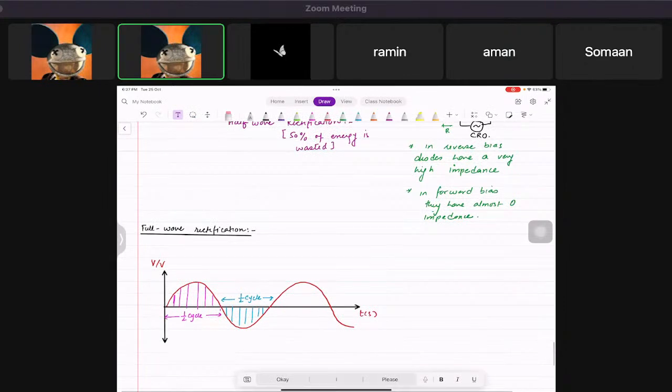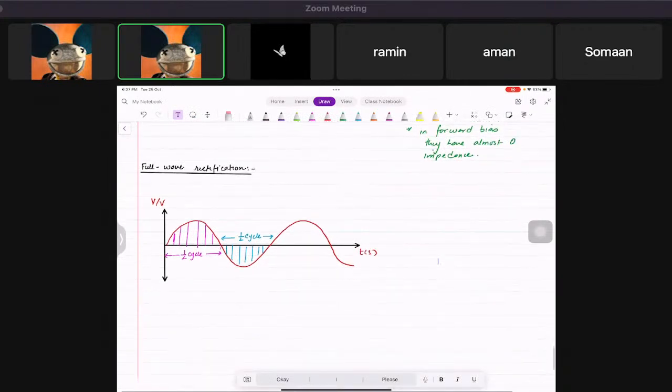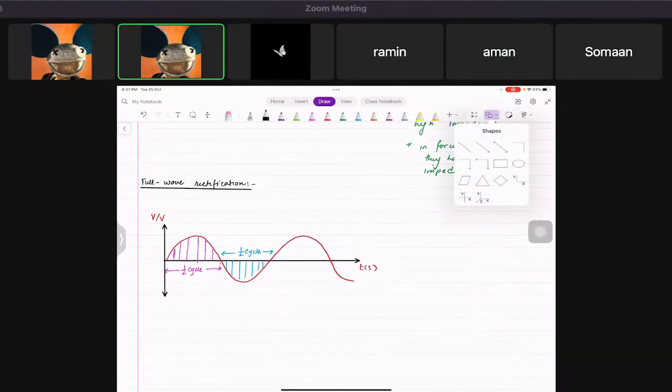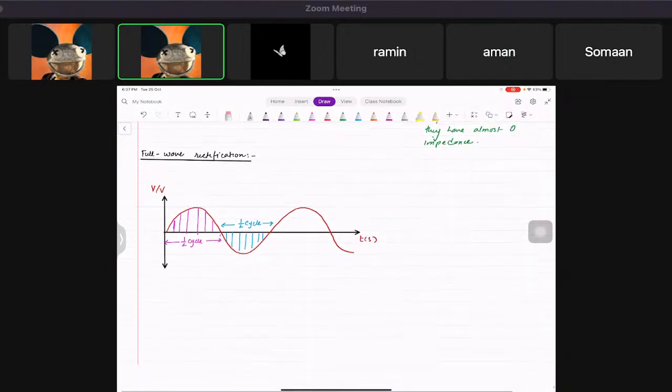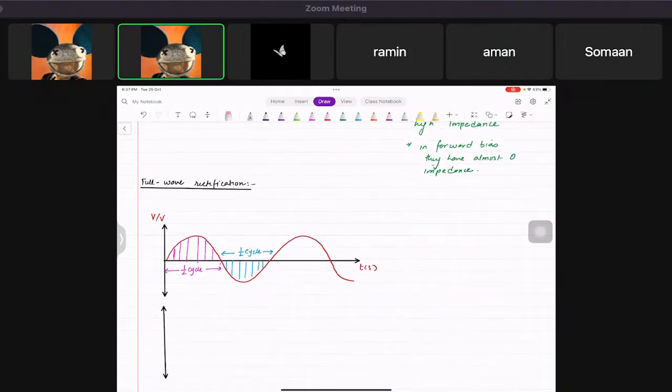So when I'm getting this wave, making it go in a single direction, I should not lose anything.